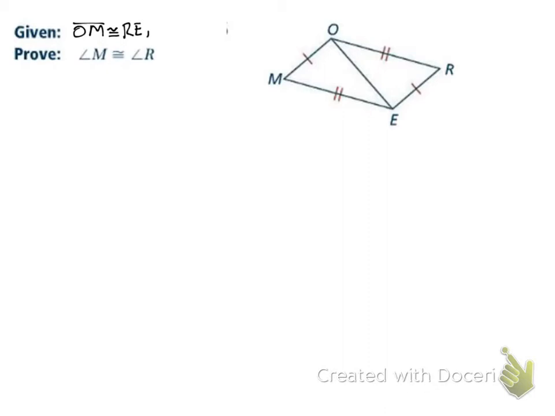And? Okay. So there's your two givens. You need to find a third congruence, show the triangles are congruent, then show how M and R are congruent. Let's give that a shot.